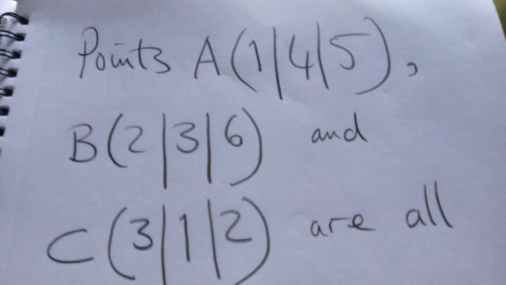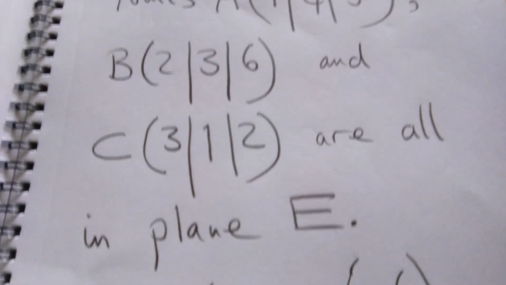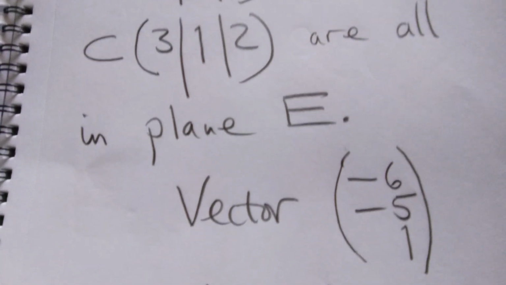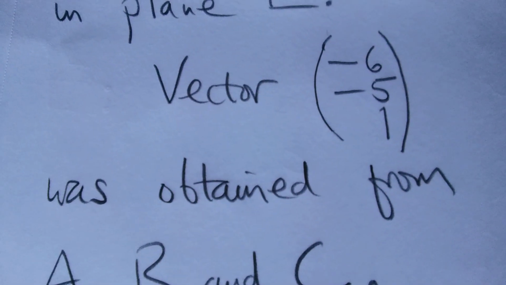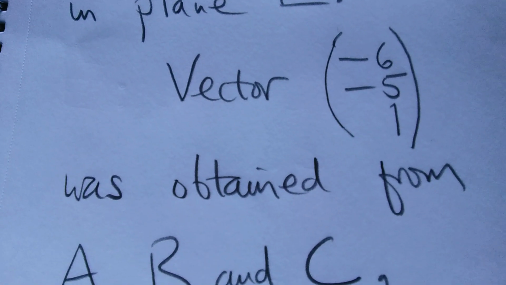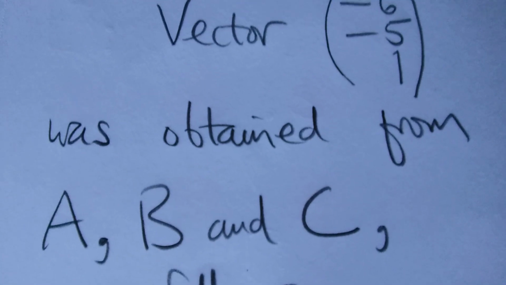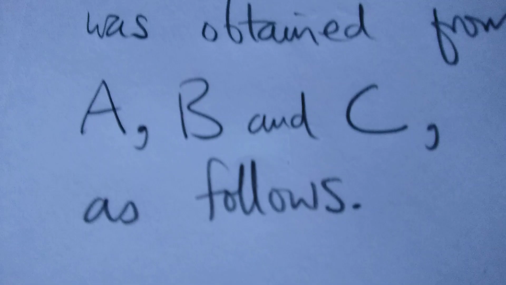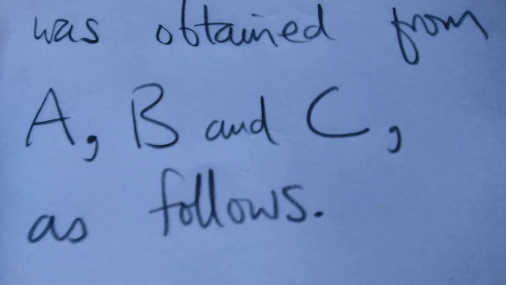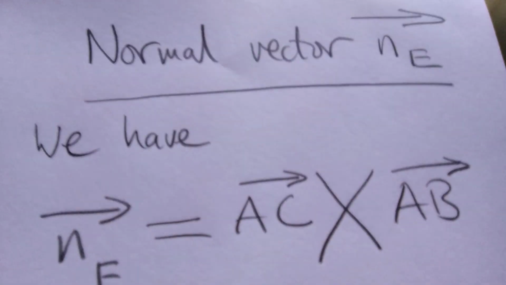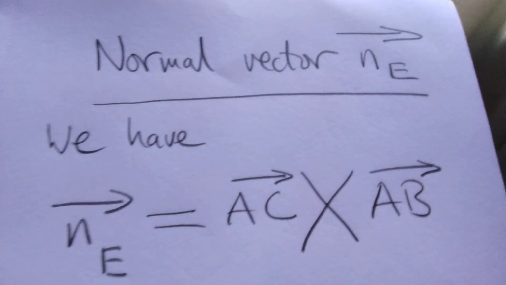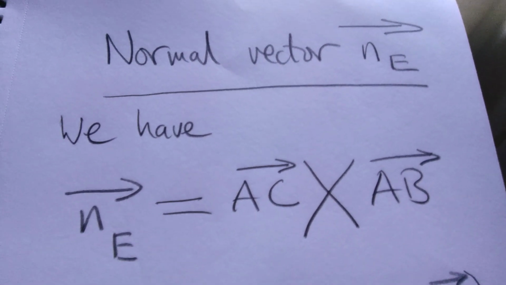Now, points A, B, and C are all in plane E. Vector (-6, -5, 1) was obtained from these points A, B, and C as follows. We call this vector a normal vector.